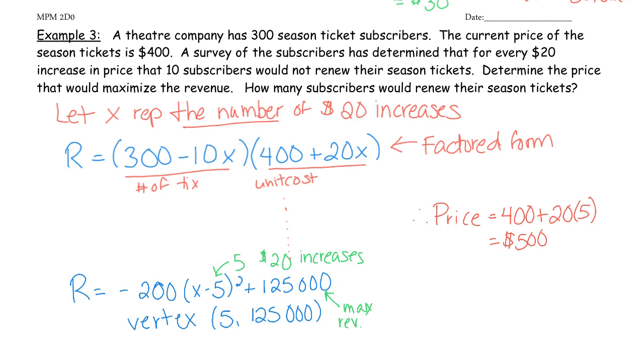And then the next question is, how many subscribers would renew their season tickets? So our subscribers is equal to 300 minus 10 times that 5. So we're going to take away 50. So this is 250 people.